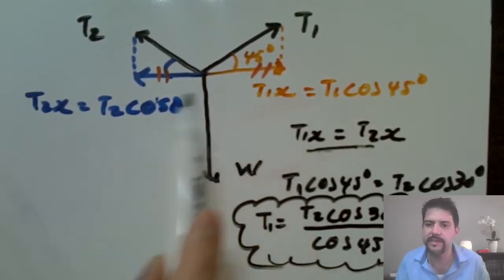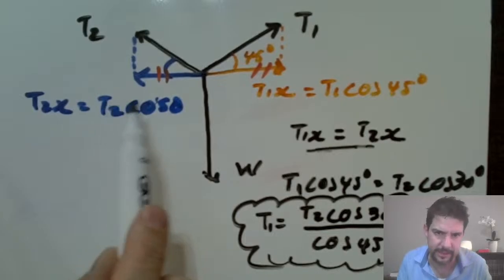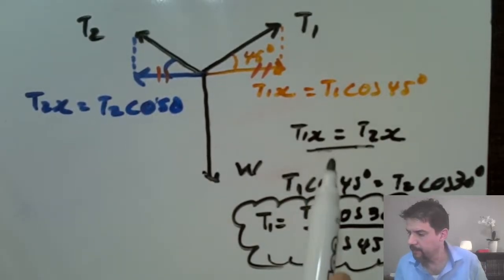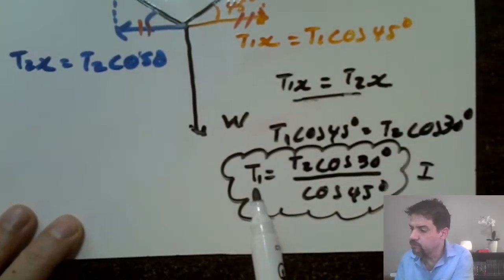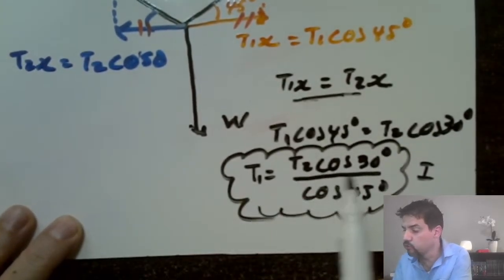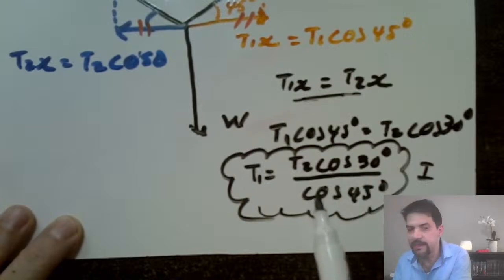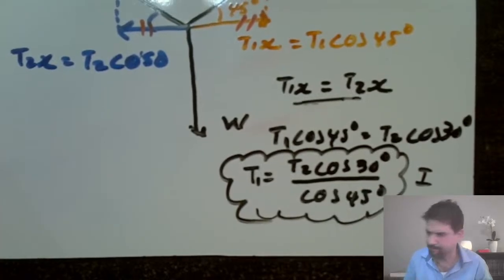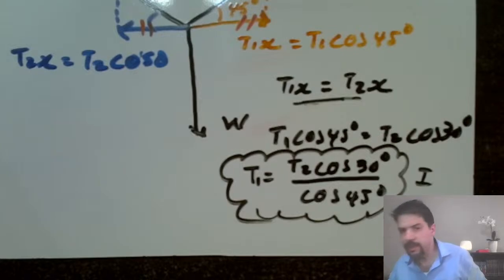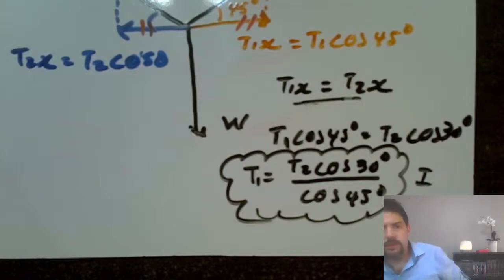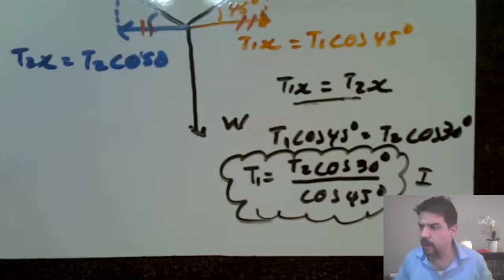T1 in x is equal to T2 in x. That is what we have here. So I substitute in here, and we get that T1 is equal to T2 cosine of 30 degrees divided by cosine of 45 degrees. That is what we have, but we don't have enough data. So we have to stop there.